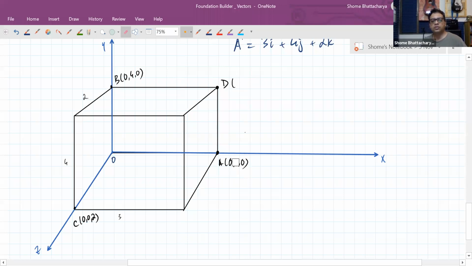First of all, this is on the x-axis. So this one's coordinates are, x coordinate is 3, y and z are 0. So this is 3, 4, 0. And this point here, this corner, is E, which is 3, 4, 2 with respect to this origin. Okay.